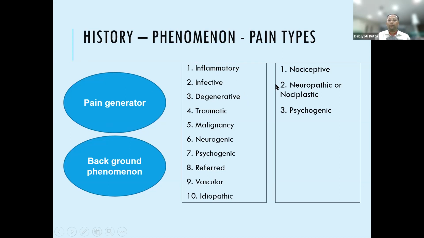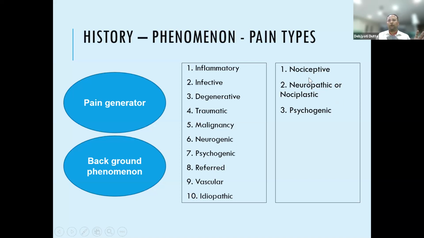If we simplify all these types of phenomena together, then we get one, nociceptive pain, and one, neuropathic or nociplastic pain. Nowadays, neuropathic and nociplastic pain are separated, but otherwise the treatment remains the same.